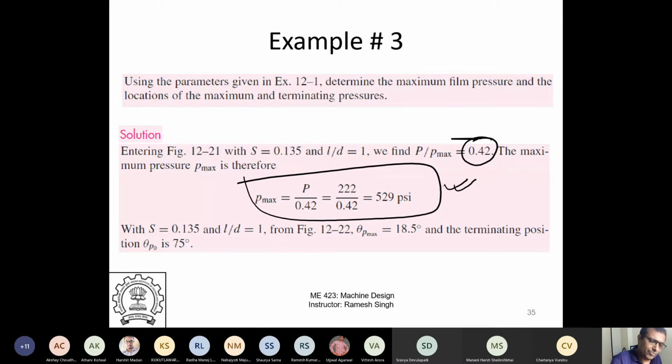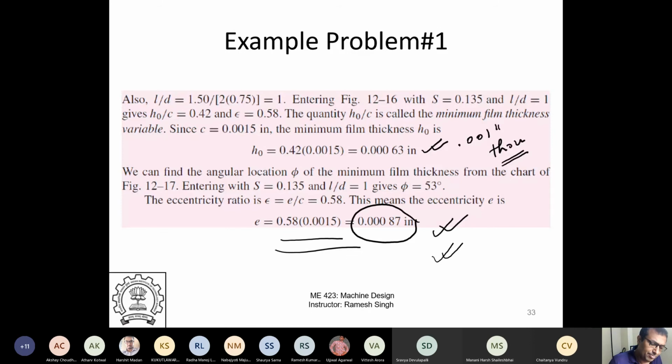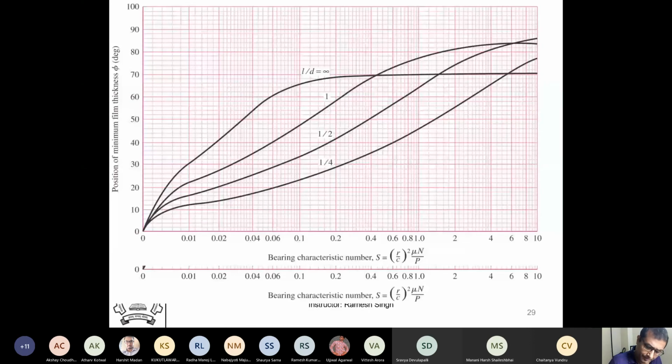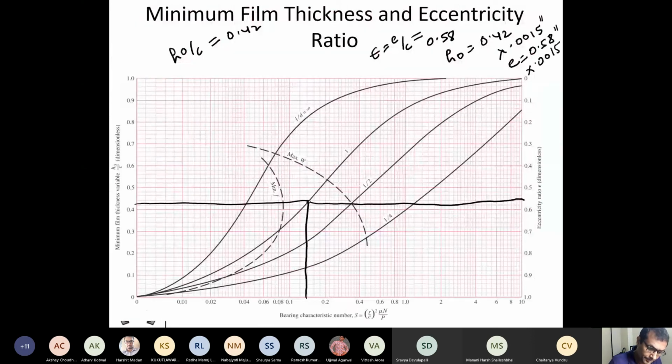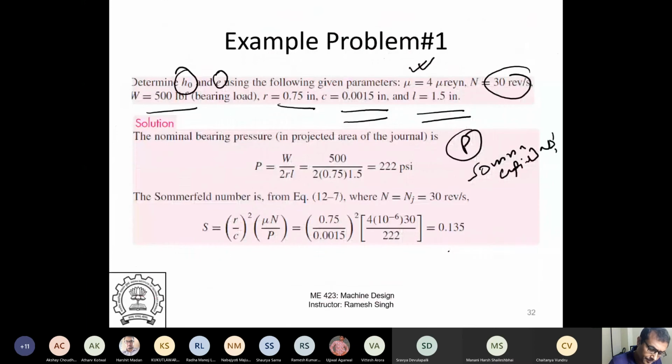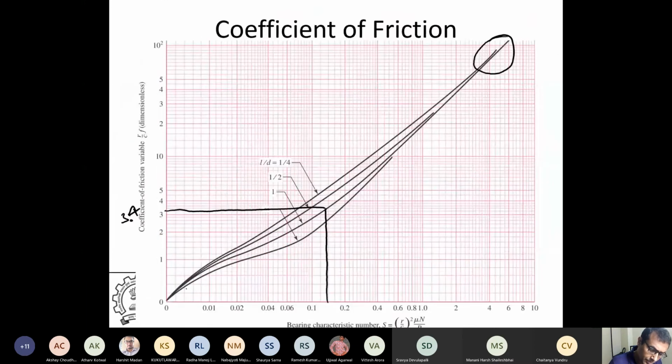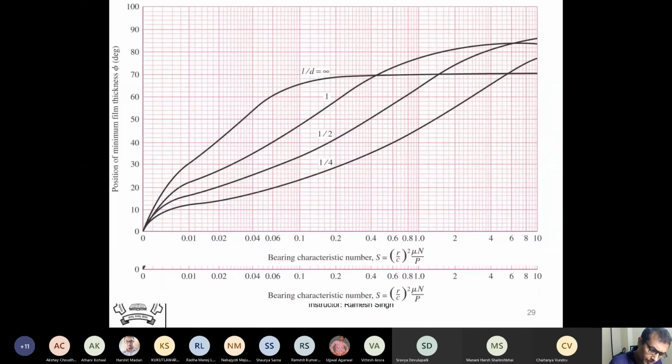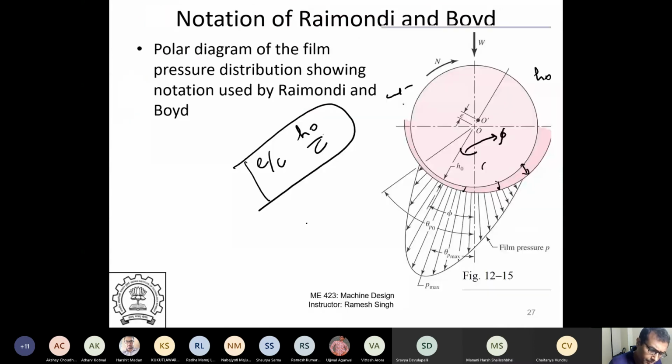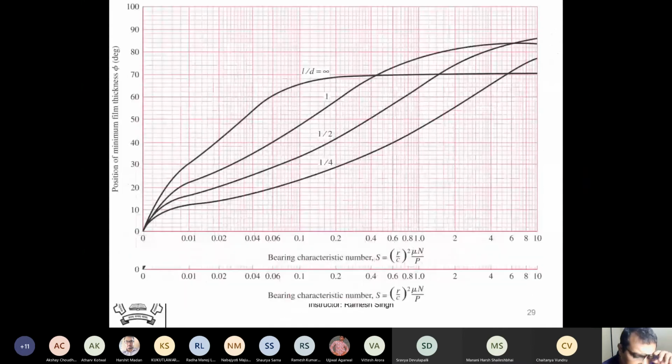Okay. And you can also find out what is theta P max, that also is there. Where does the maximum pressure occur? Where is the theta P max one? I see phi here.